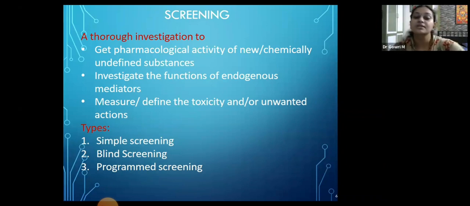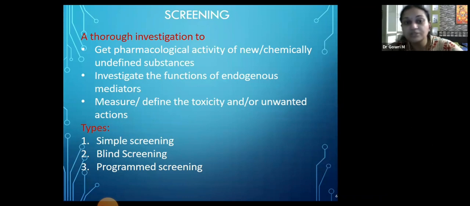That is exactly what is mentioned: you have to get the pharmacological activity of either a new compound or a chemically undefined substance. We know that amlaki is good for Prameha, but we don't know what pharmacological activity of amlaki is giving that hypoglycemic effect. So there, chemically, it is an undefined substance.